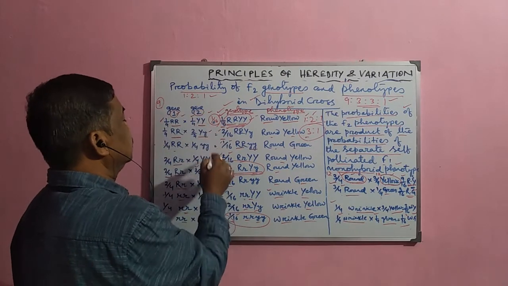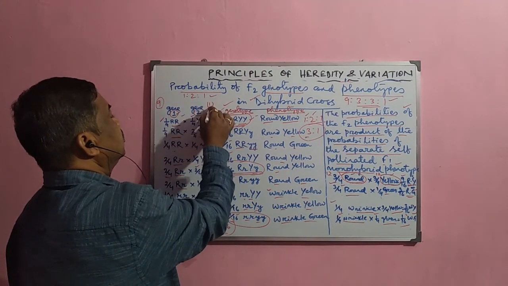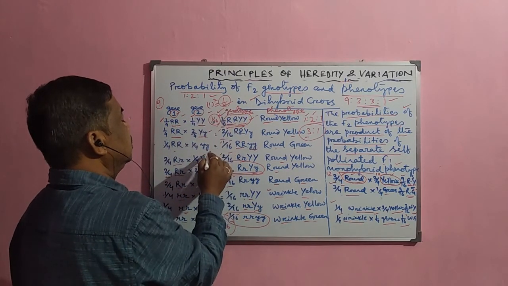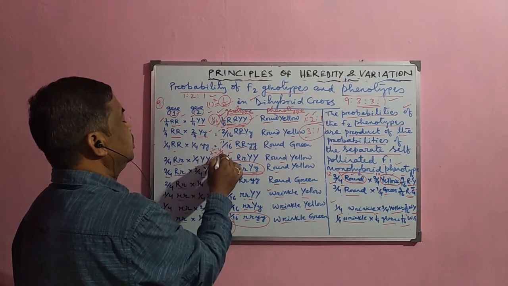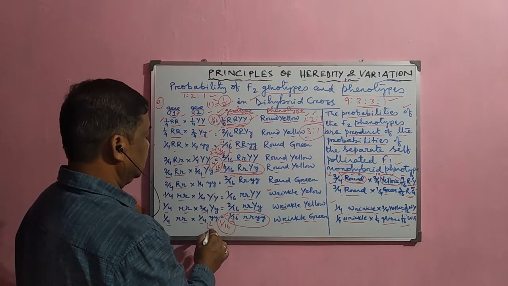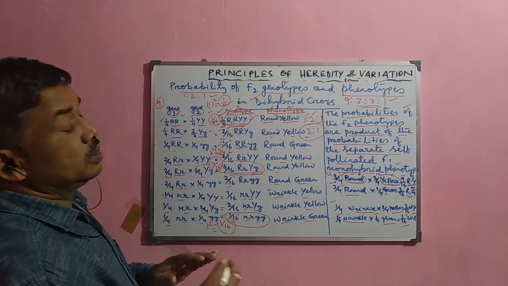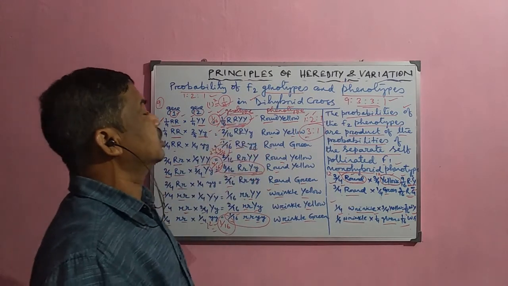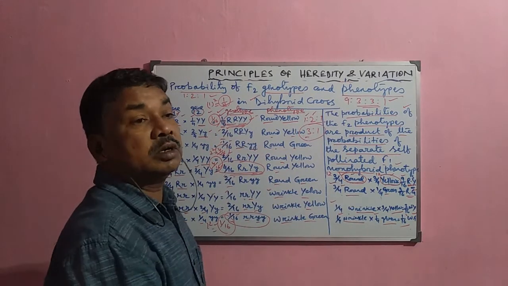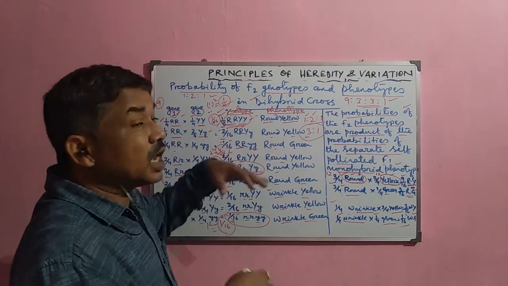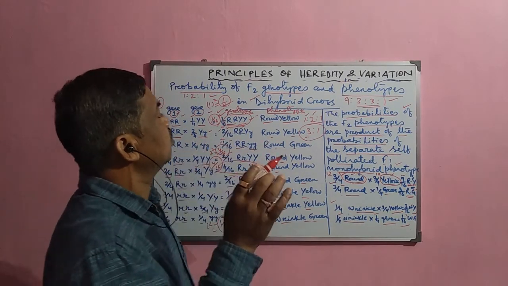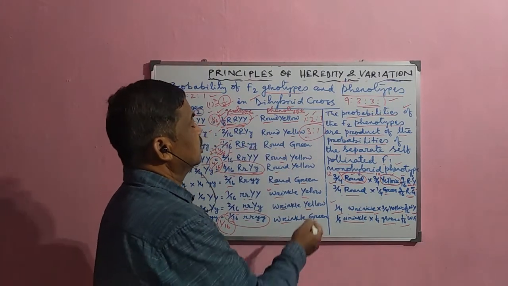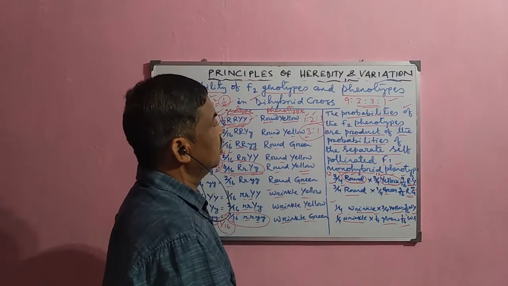It is the square of 1. This is the 1 square, that is here 1/16. Then here 2 square, that is 4/16, and here 1 square, that is 1/16. So in this way he explained the probability theory in the dihybrid cross experiment, or you can say, in the reverse way, he explained the dihybrid cross result in the form of probability theory, and his mathematical knowledge was very useful for this explanation, and later on it was verified very clearly.